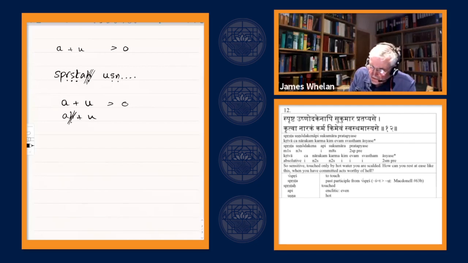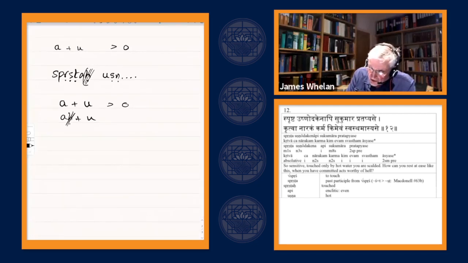If left to its own devices, the word in question ends in the subdotted h, the visarga. When I say left to its own devices, I mean the word on its own in isolation. You drop the visarga, but then that gives you the hiatus in a and u. That's called a secondary hiatus that occurs after the visarga has been dropped, and that is allowed. That is why you get sprishta ushnodikenapi.